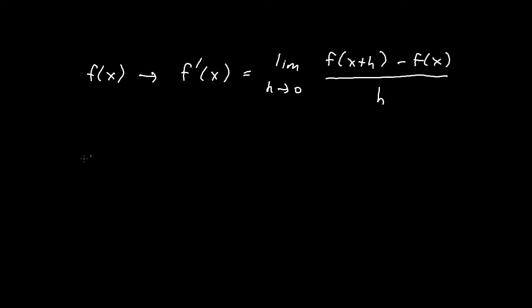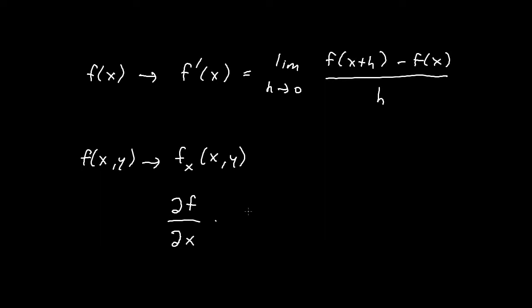And so now, given a multivariable function, f of x comma y, when we take the partial derivative, the partial derivative can be written in several ways. It can either be written as f sub x of x comma y. It can also be written as the partial derivative of f with respect to x. And it can also be written as the partial derivative of the function f of x comma y with respect to x.